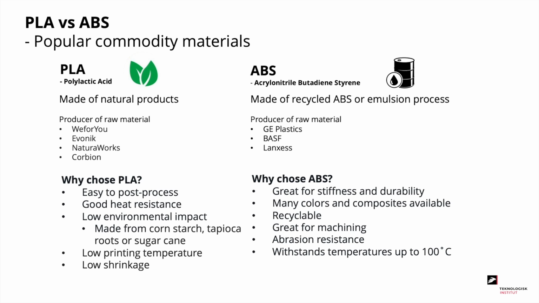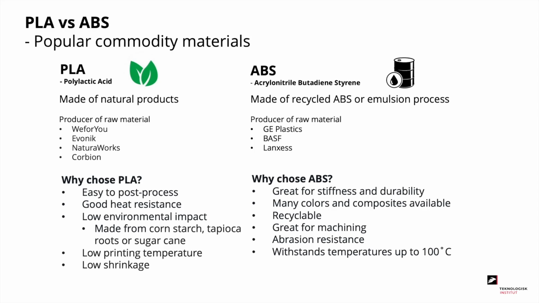Some of the reasons you should choose PLA is because it's easy to print with due to the low printing temperature. Printing with PLA, you don't need a heated print bed and therefore can use a cheaper printer printing this material. It's easy to post-process, it has a fairly good heat resistance, and then we have the low environmental impact. You can also choose ABS plastics.